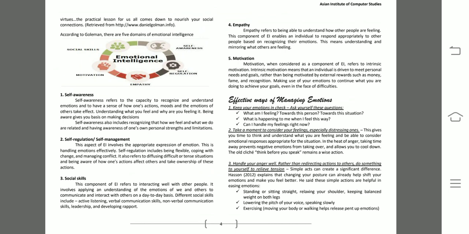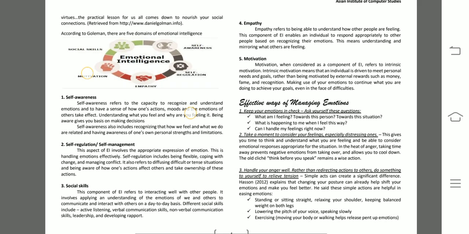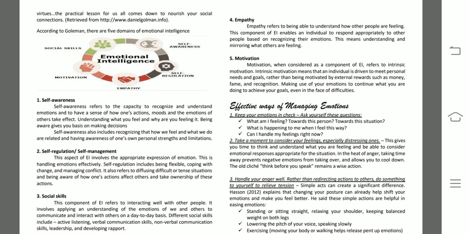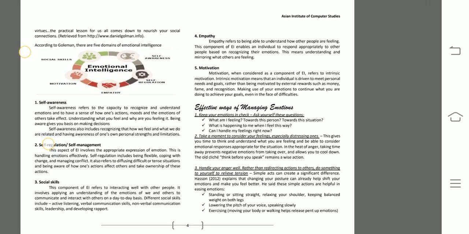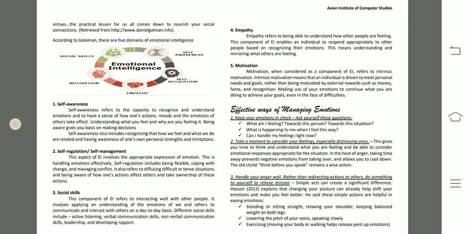Here are the different aspects of emotional intelligence according to Goleman. Ito yung 5 domains pala. The 5 domains of emotional intelligence: these are the social skills, motivation, empathy, self-regulation, and self-awareness. So, isa-isahin natin kung ano ito.